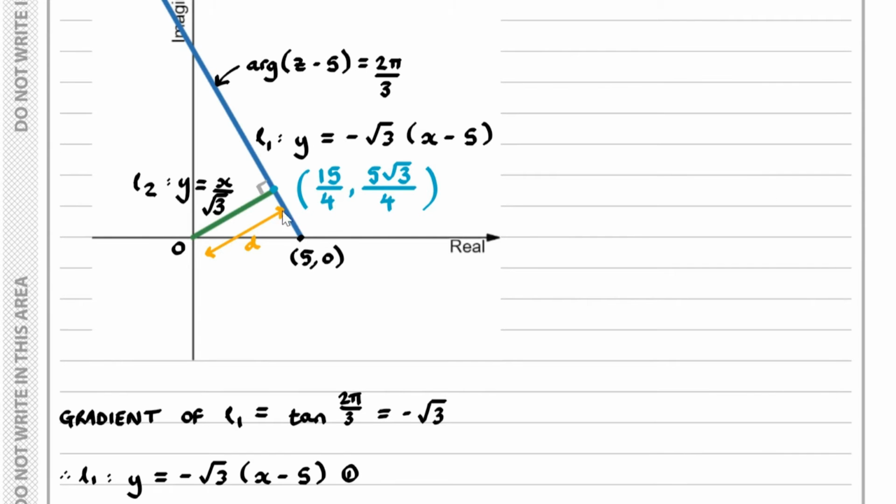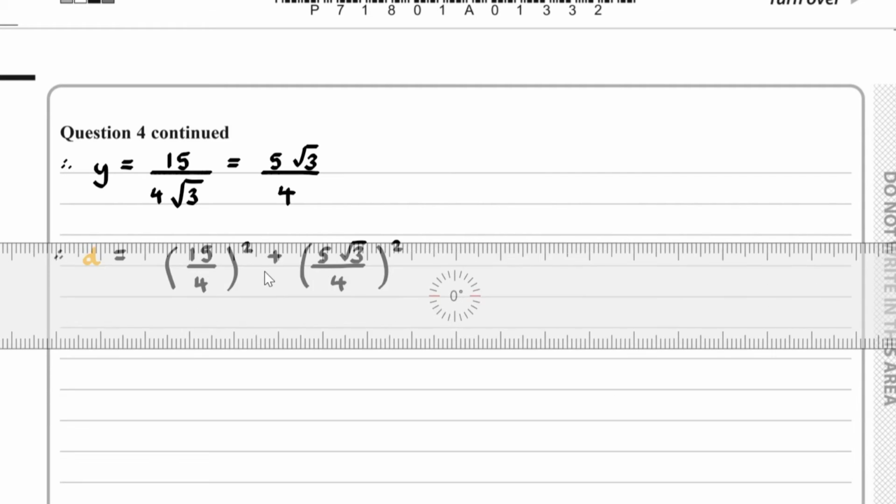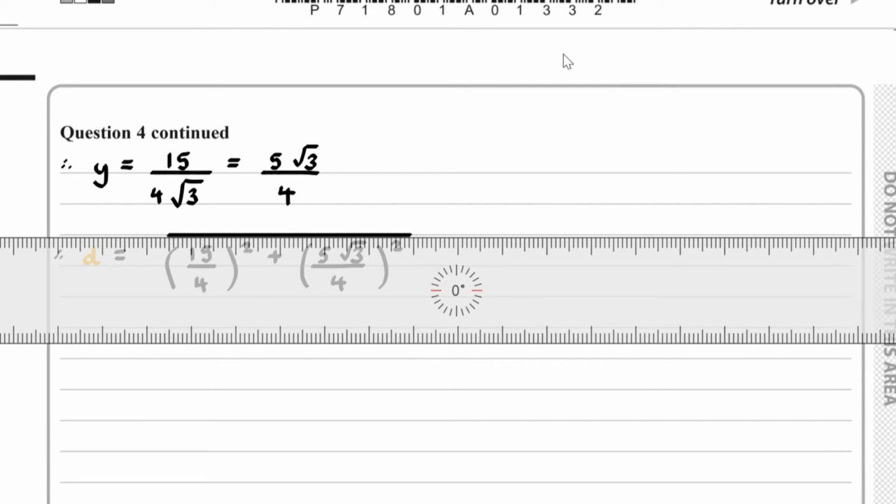So, we want the distance from the origin to this point here. So, the distance d then is equal to 15 over 4 squared plus 5 root 3 over 4 squared, then square rooted.